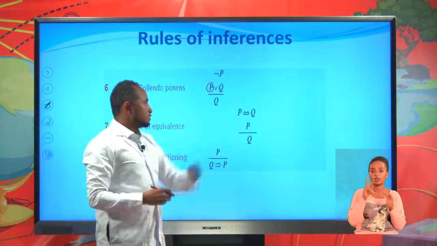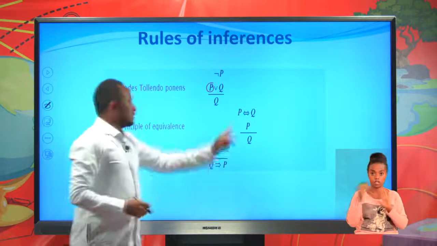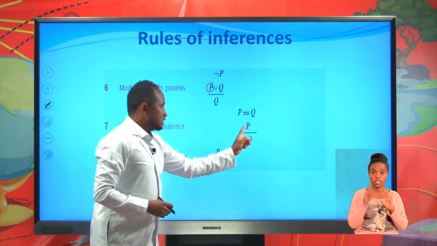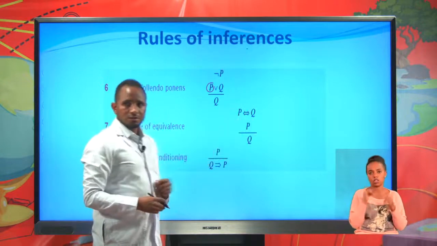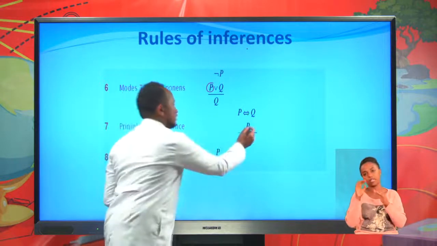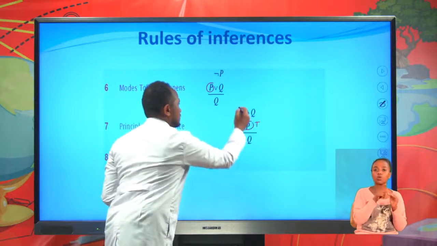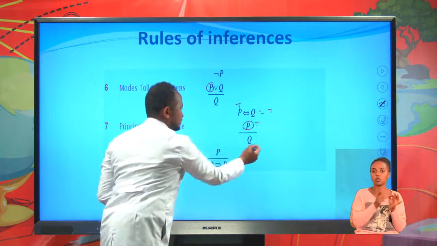If P is equivalent to Q, that is P bi-implies Q, and P is true, then Q must be true so that the whole statement is true. Therefore, the conclusion is Q.